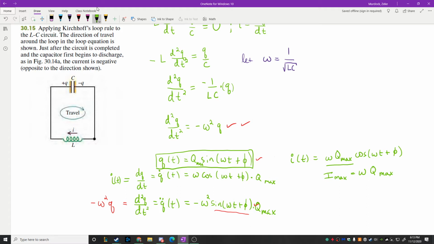If we think about this Q as representing the charge on the left plate, then the charge on the left plate starts off at Q equal to 0, and it's a sine function, so it goes up like this. It reaches some maximum value of Q right here, that's positive Q max. And then that charge basically leaks off, and it reaches 0 again.